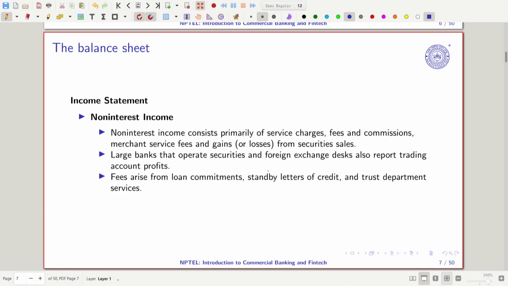Non-interest income is interesting. In non-interest income, you get service charges. Nowadays you will find the majority of banks charging service charges, then fees and commissions. Suppose you are using an international debit card, which has some special features, and to utilize those features you need to pay some amount.